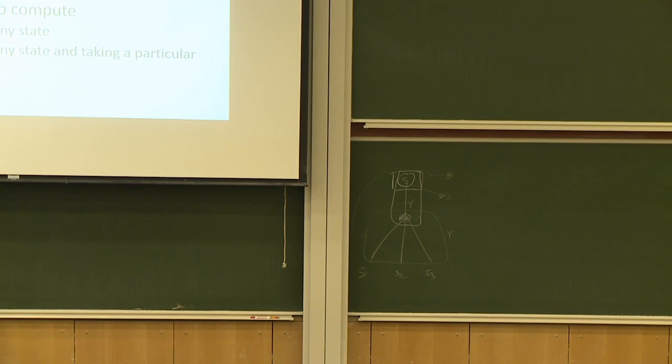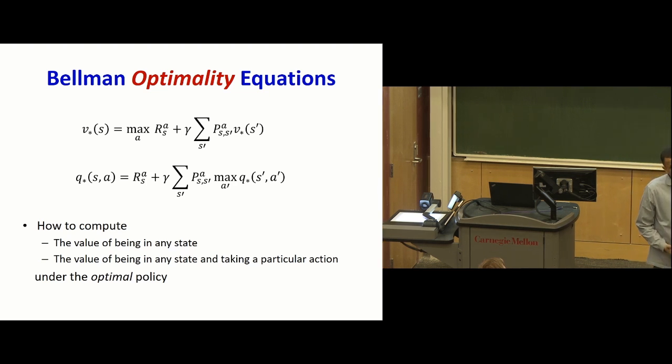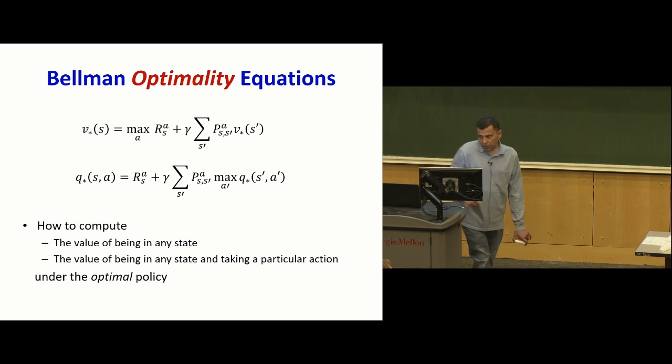And then we also saw the Bellman optimality equations, which is an iterative mechanism for finding the optimal policy at each state, right?